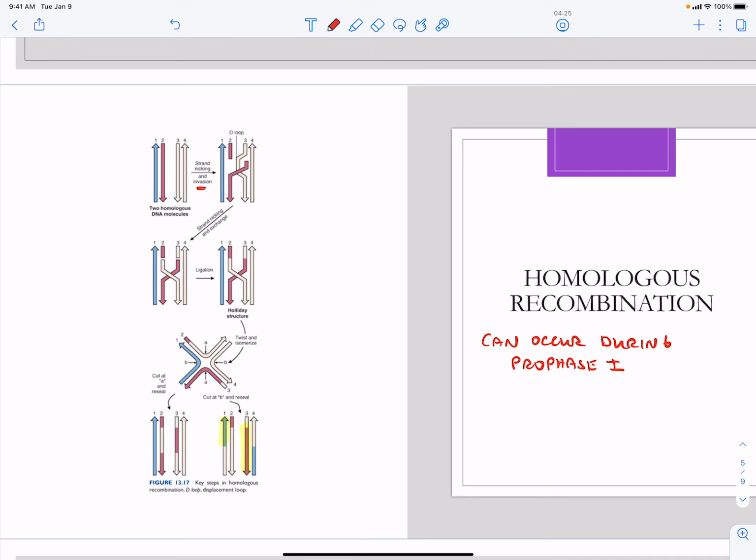That's usually where the genetic exchange of information is going to occur. And remember, in meiosis we have two cleavages, so your gametes are going to form through two separation steps. And it's in that first separation step, where your chromosomes line up, where you can get this homologous recombination.